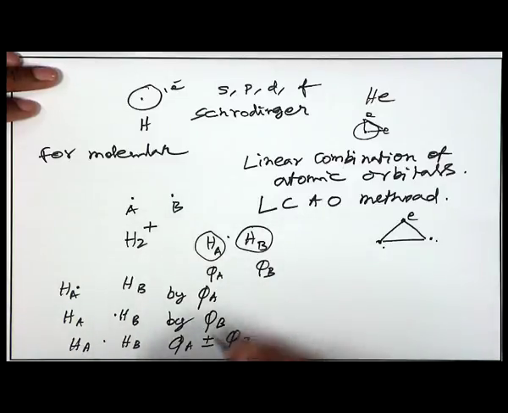This type of algebraic sum, phi A plus or minus phi B, is called linear combination of atomic orbitals.